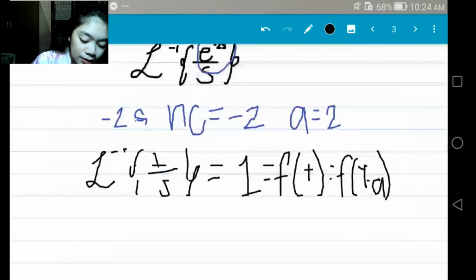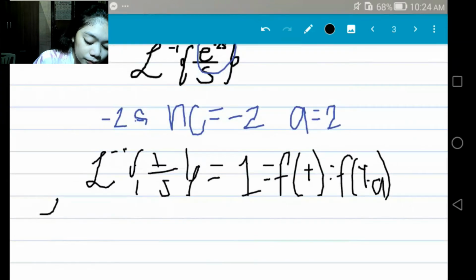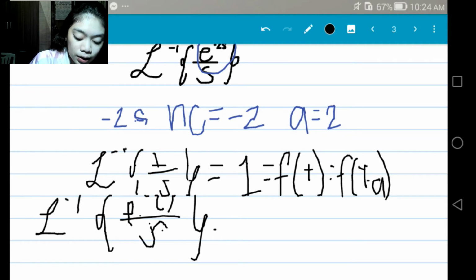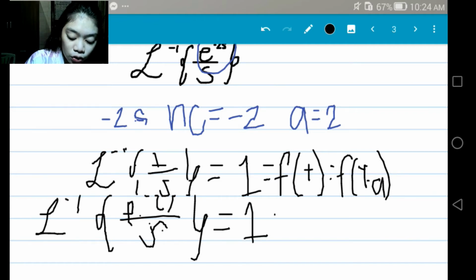So the Laplace inverse of e raised to negative 2s over s is equal to 1 times u of t minus our a, 2.